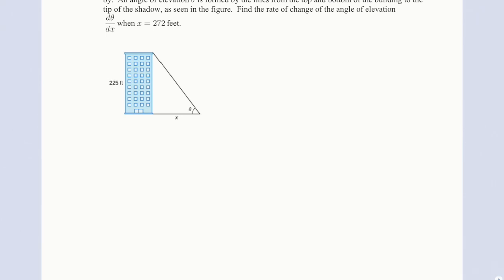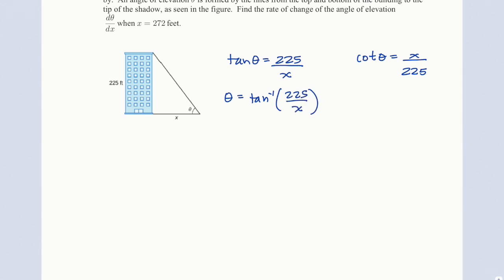So we could set up either tangent of theta is 225 over x, or cotangent of theta is x over 225. Either of those would work. And then if I solve for theta, I have theta is inverse tangent of 225 over x, or theta is inverse cotangent of x over 225.